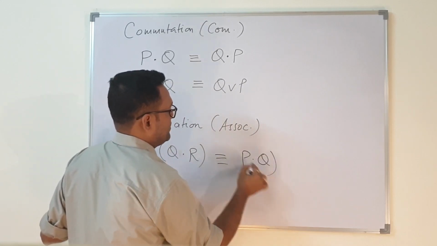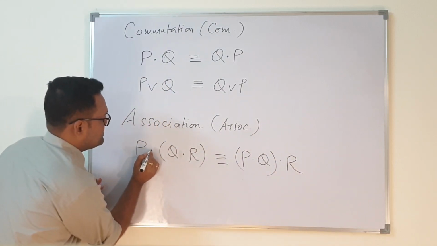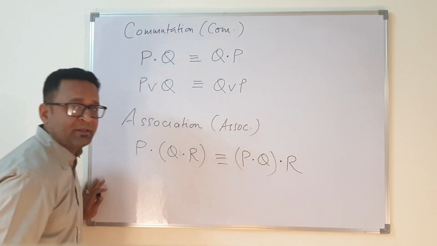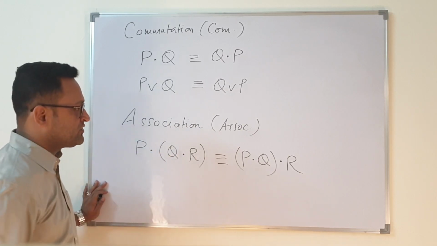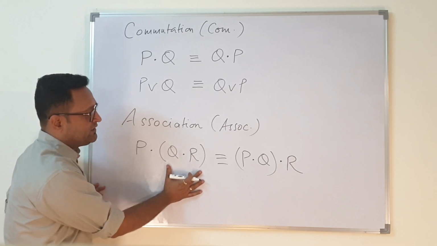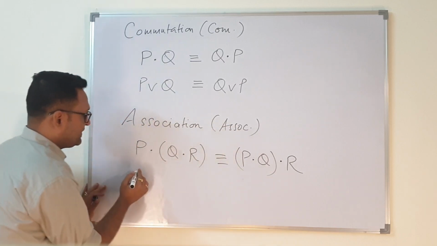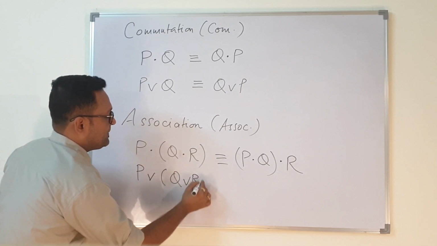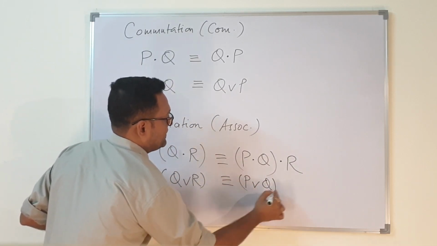If we have the same conjunction in both places, here also there is a conjunction, here also there is a conjunction, so you can change the position of the bracket. Here the bracket was between Q and R, here the bracket is between P and Q. The same goes for wedge: P wedge (Q wedge R) is also equivalent to (P wedge Q) wedge R.